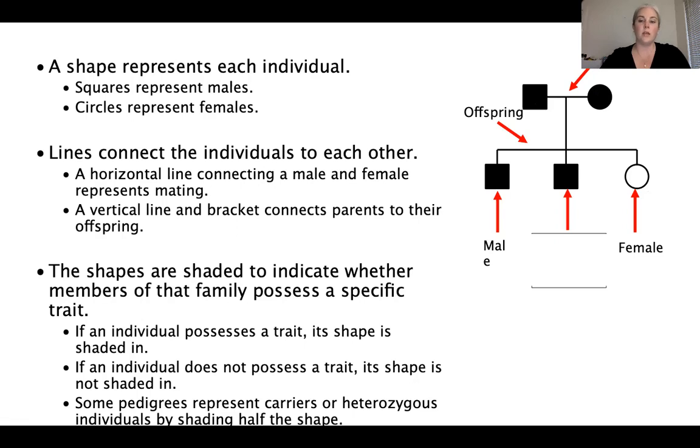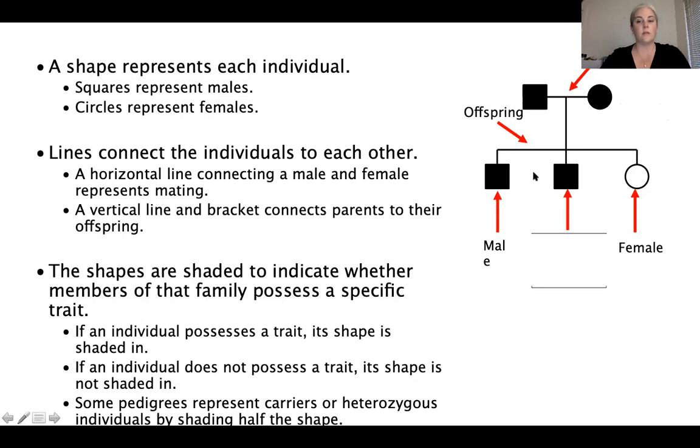Most of the time when they give you a pedigree on the AP, and they do like to, either in FRQ or multiple choice form, they will give you a key for it that tells you affected, unaffected. But it is assumed that you know male and female. If there is a line appearing between the two, that means it is a mating and they produced offspring. These are the offspring. Each generation is listed on a different line.